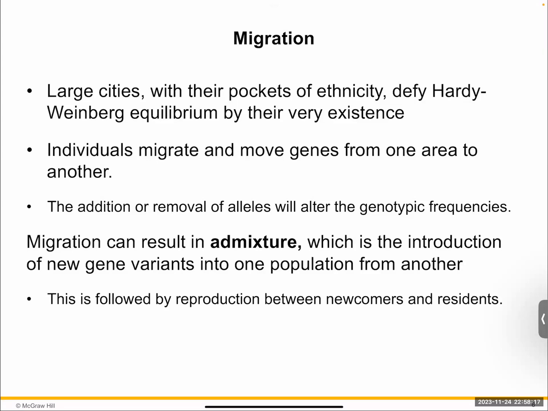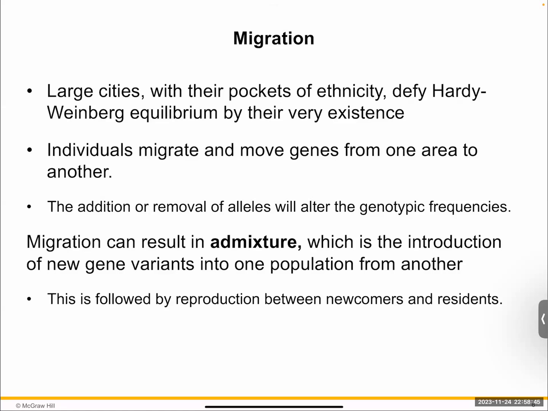In some cases, you may also have people moving out of a specific area and causing the frequency of a specific allele to decrease in the original population. So you will have an increase in the new population for that specific allele and a decrease in the original population because of the migration patterns.